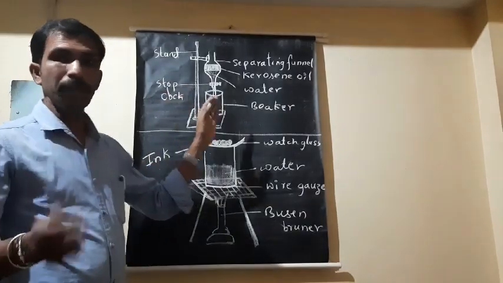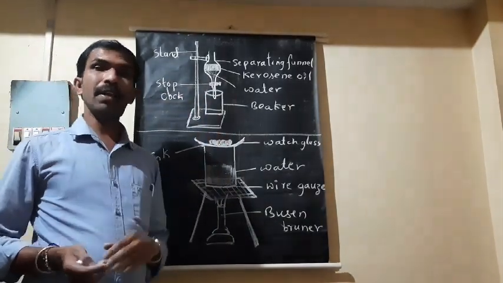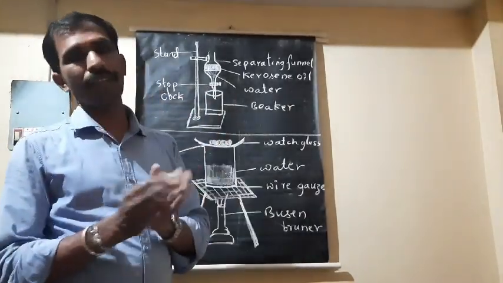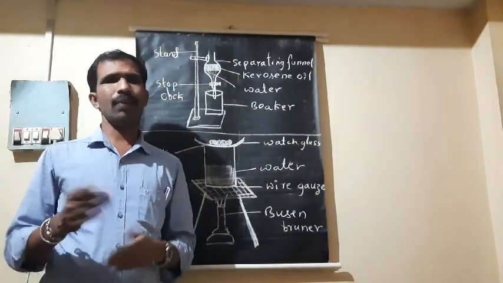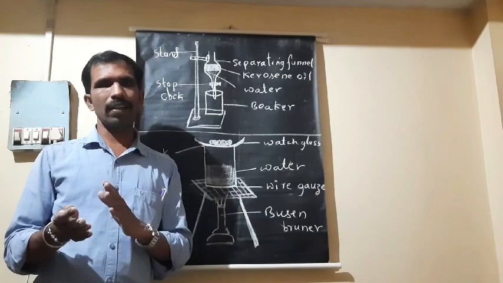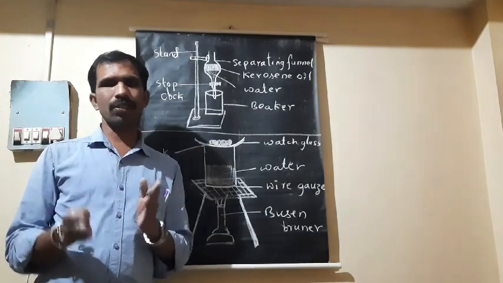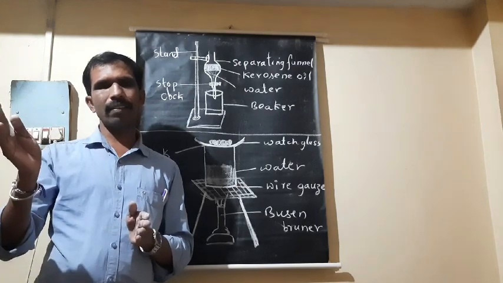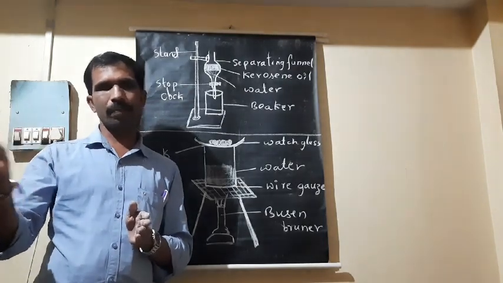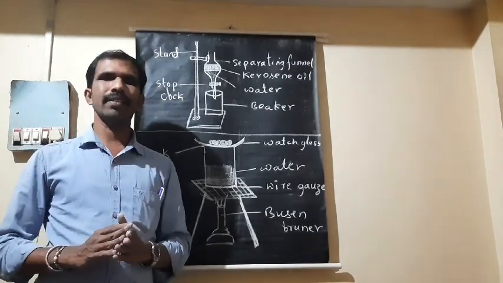Immiscible liquids are the liquids which never mix together. If you put water and oil, they never mix together because the density is different. Oil has a different density and water has a different density.